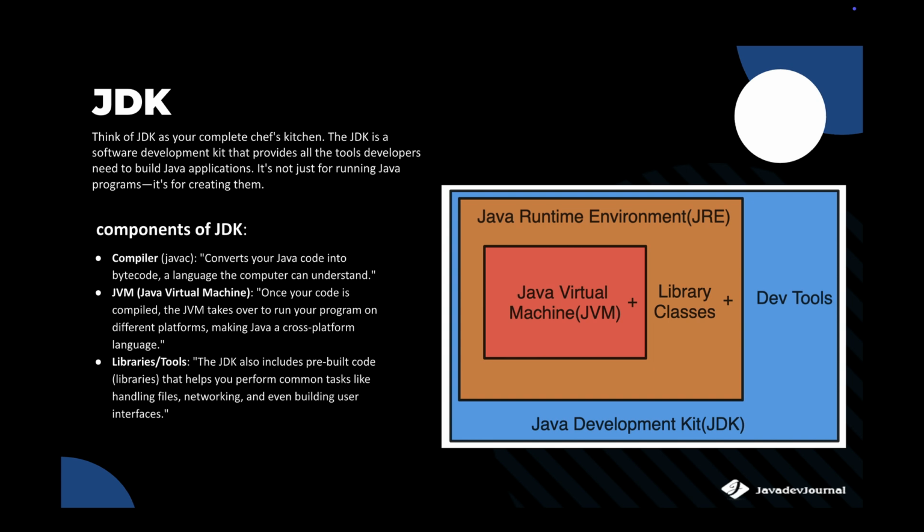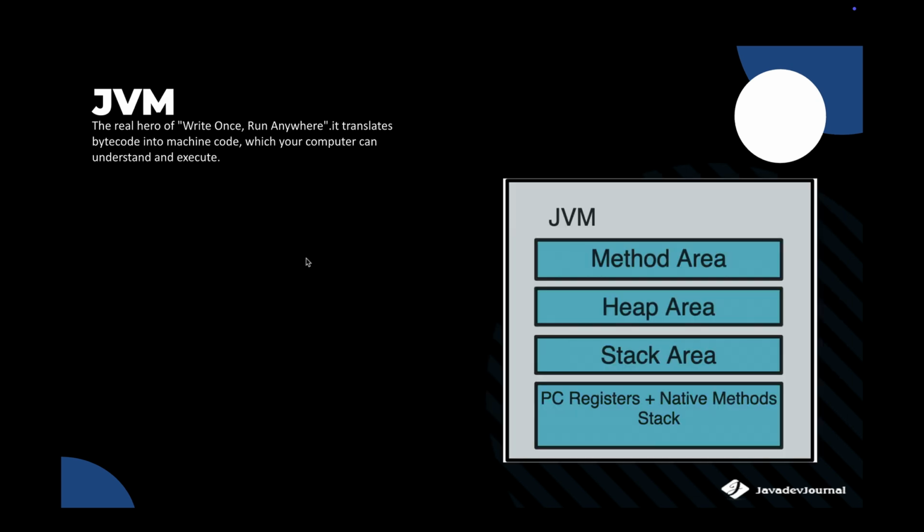All right. So next, what I'm going to talk about is the JVM. And there are quite a few things about the JVM. Again, as I said, the real hero for write once, run everywhere is the JVM. It basically translates bytecode into machine code, which the machine can understand.